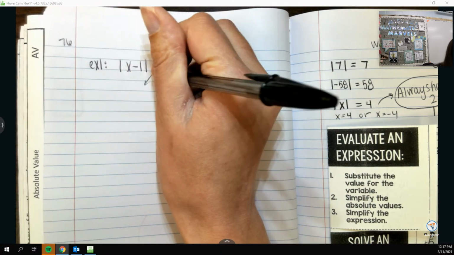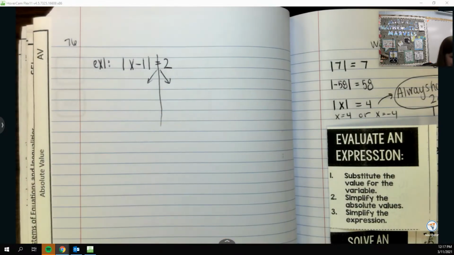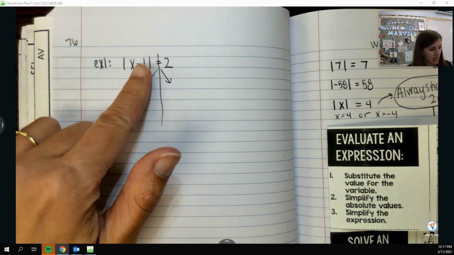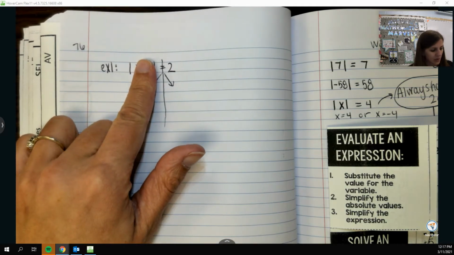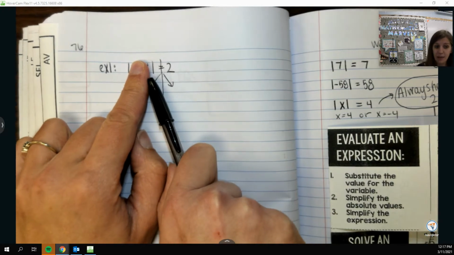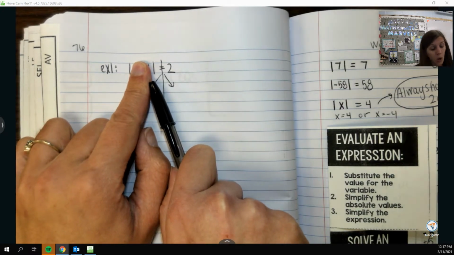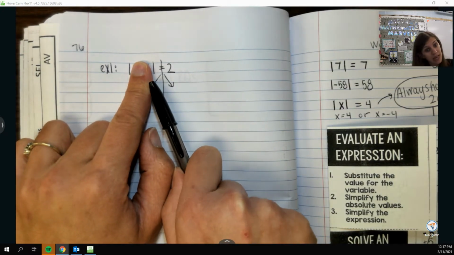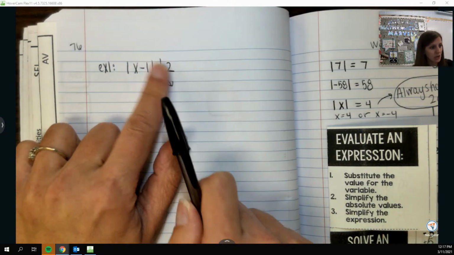So right away, I can make my two equations. And the reason that we need two is because the absolute value, whatever was in here, it could have been 2, because like absolute value of 2 is 2. Or it could have been -2 because the absolute value of -2 is also 2.